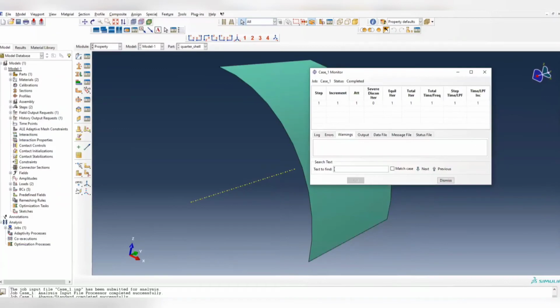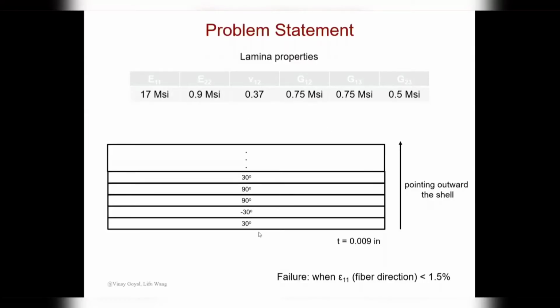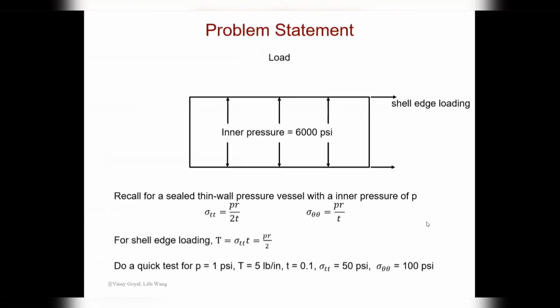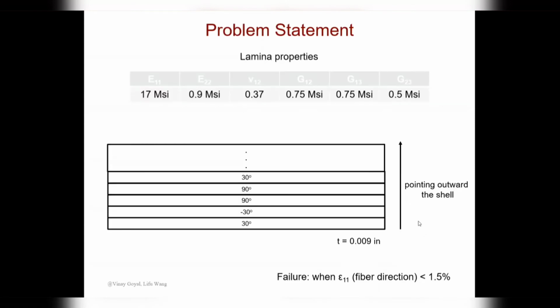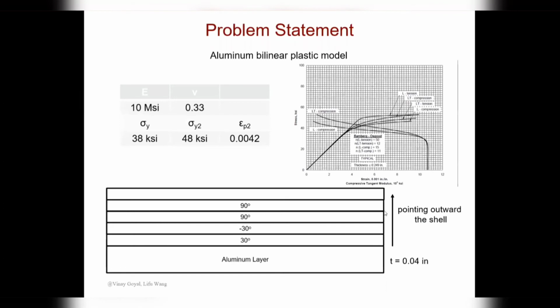So we have completed our first task, which is designing the layout for the composite to satisfy the failure criterion. Now our second one is to simulate the actual pressure vessel.